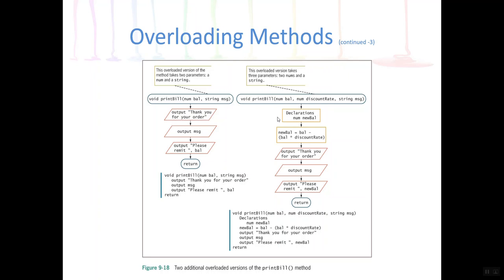And we're about to add a fourth. This print bill takes the balance, the discount, and the custom message, 3 parameters, and indicates the balance to the user, combining some of the earlier things we've seen. It uses the discount to get a new balance, outputs a custom message, and outputs the adjusted balance.